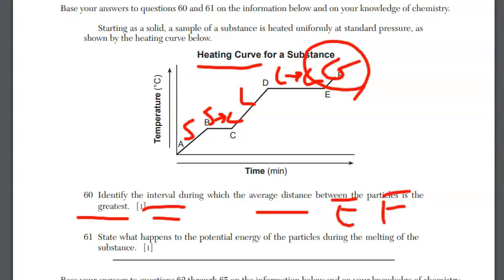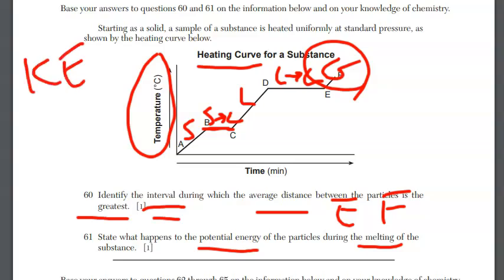For 61, state what happens to the potential energy of the particles during the melting of the substance. The melting is occurring here at this first plateau, solid to liquid, and the reason there's a plateau is that the temperature remains constant anytime you have a phase change. When temperature is constant, so is kinetic energy, right? Temperature is a measure of the average kinetic energy of the particles that make up a substance.